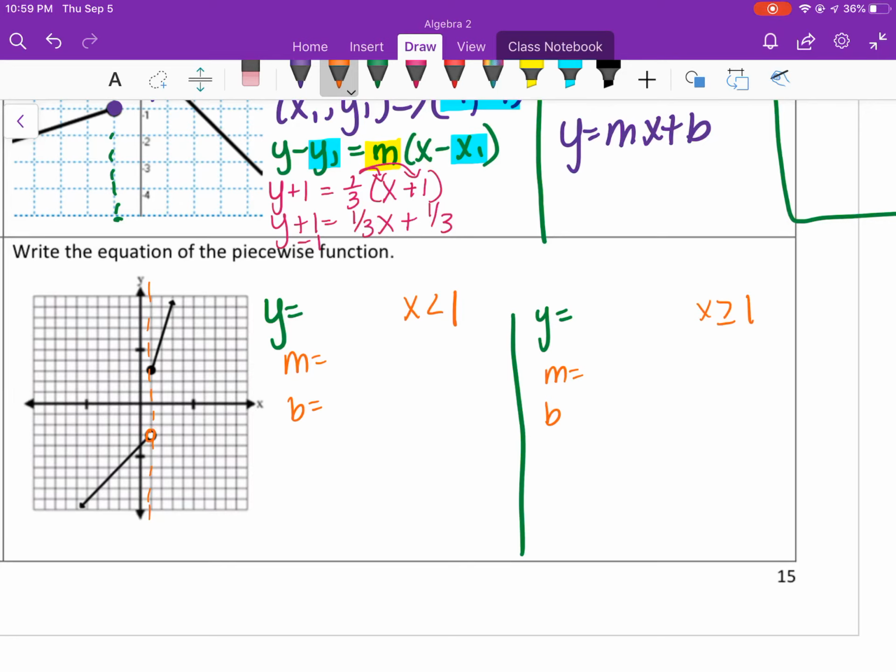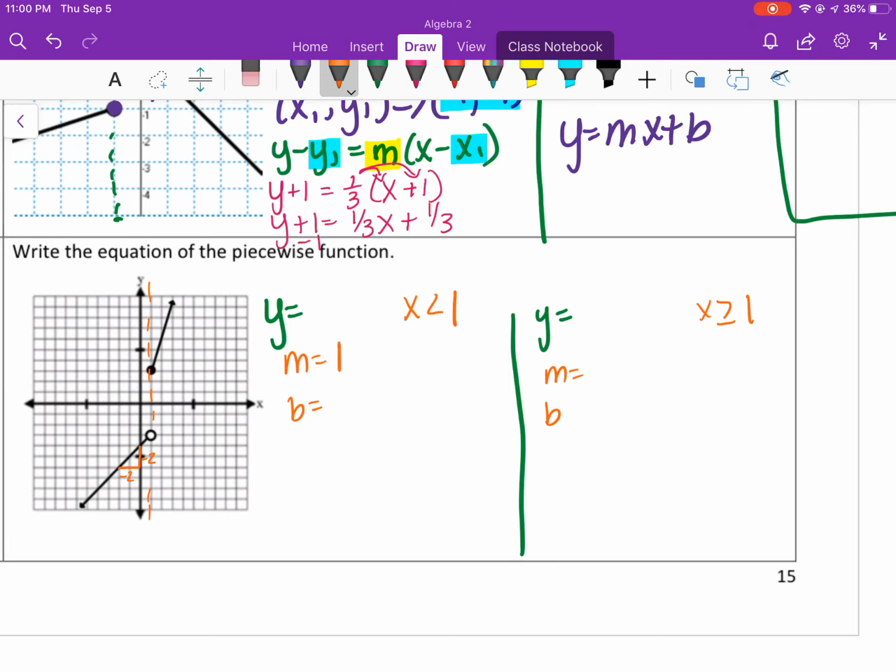So starting with the open circle, going this way, I'm going to try to identify the slope here. I'm going to have to erase that so I can see it a little bit better. But let's see, down 2, left 2, so -2 over -2, which would just be a positive slope of 1.